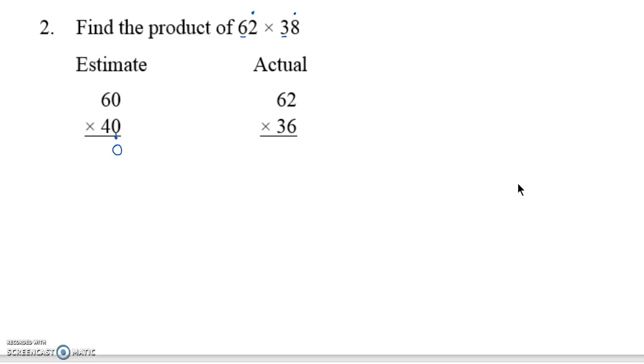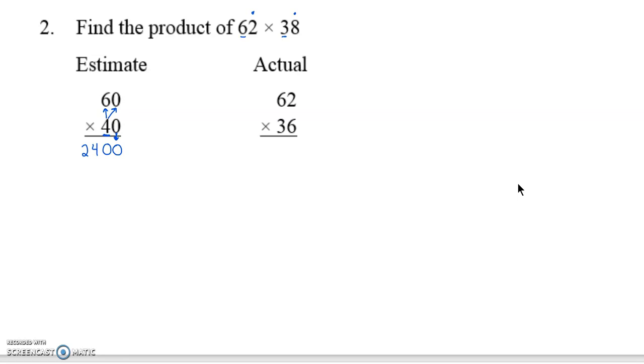That's a shortcut method, because if we were going to multiply 0 times 0 and 0 times 6, our first whole row would become 0 anyways. So we're going to bring down this 0 and go right to the tens place and start to multiply now. 4 times 0 is 0 and 4 times 6 is 24. So we're going to end up with 2,400 for our estimate.